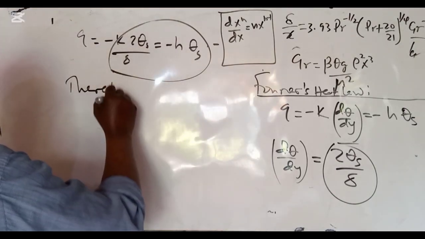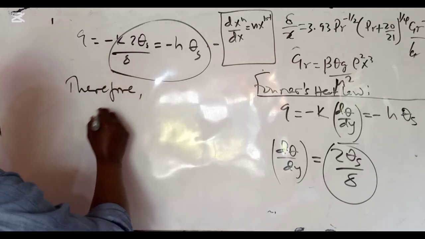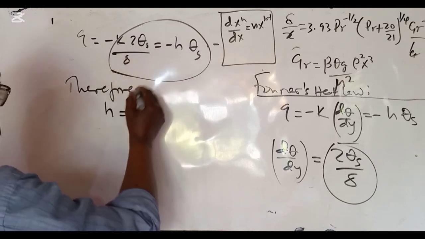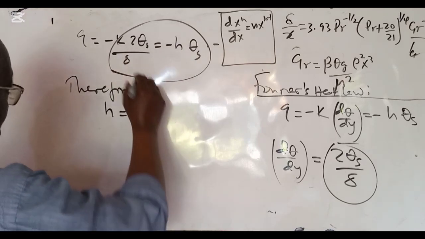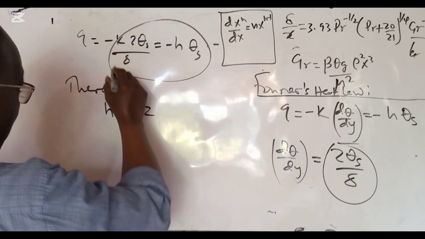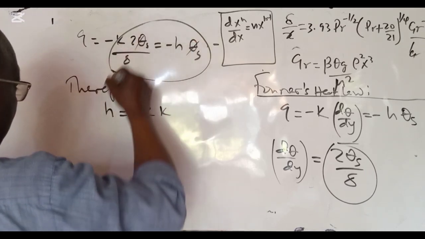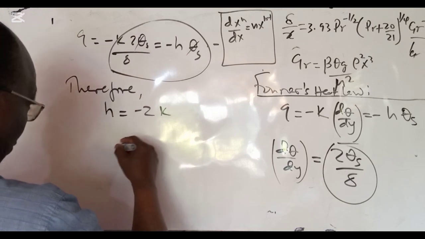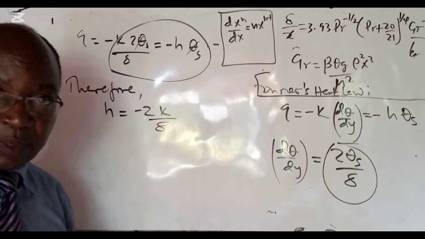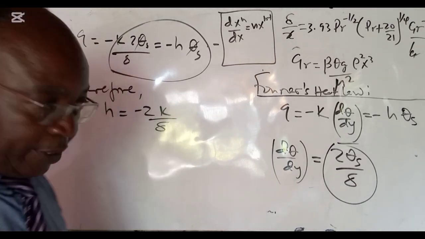Therefore, we will have h equal to 2k over sigma. So that's an important expression which you have gotten there.